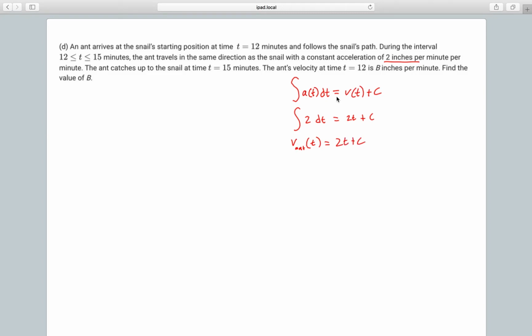Now, the antiderivative or the integral of velocity will give me displacement. So I can do that this way, right? I can go the integral from 12 to 15 of 2t plus c dt. This will give me the ant's displacement.